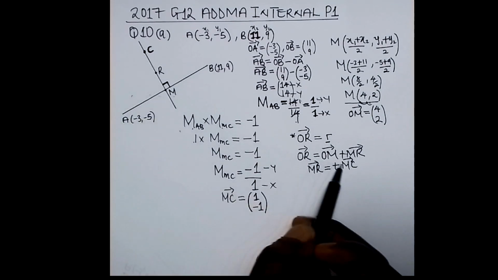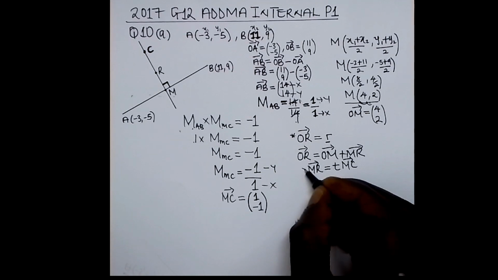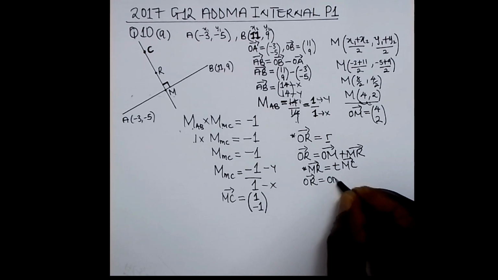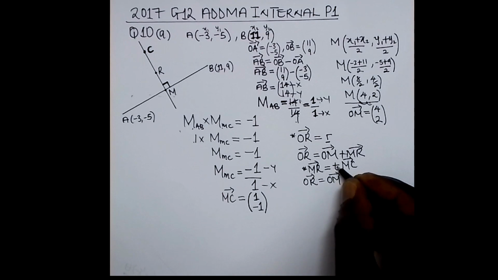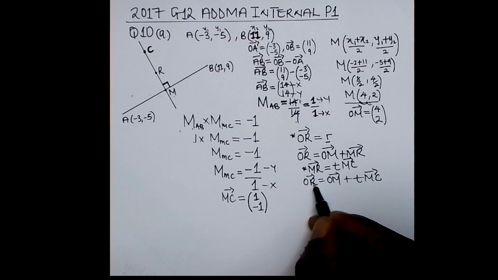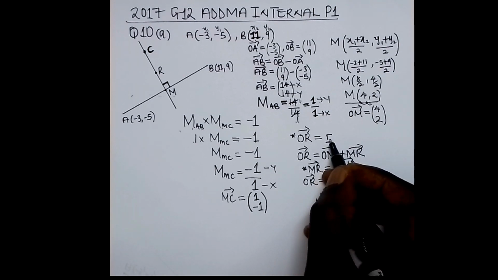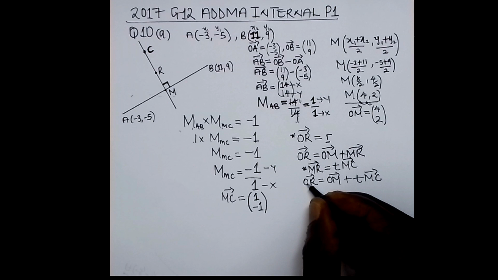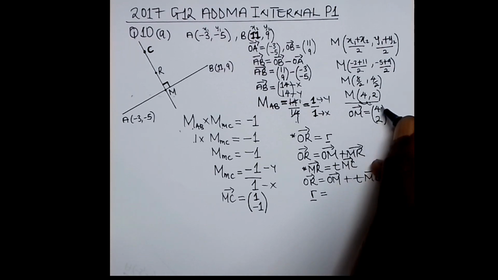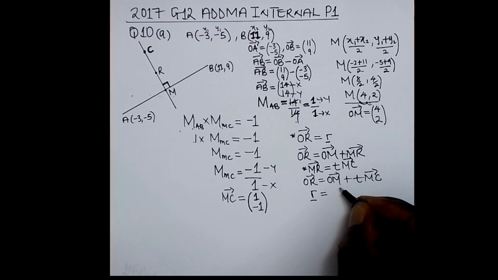So MR is tMC. Substituting this into this function will give us the OR vector equal to the OM vector plus t MC vector. The OR vector is represented by r from what we did here. So instead of putting OR, we're going to say the r vector is equal to, for OM, we got 4, 2. So we're going to put 4, 2 here.